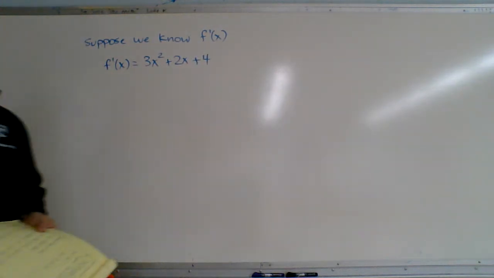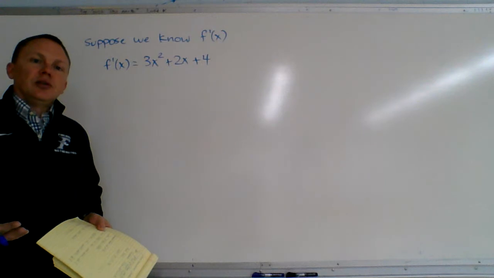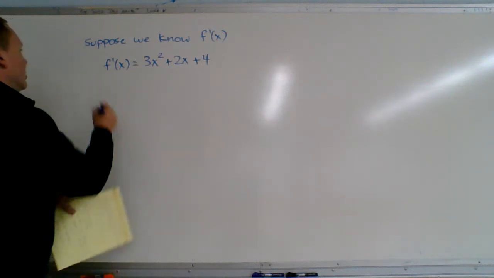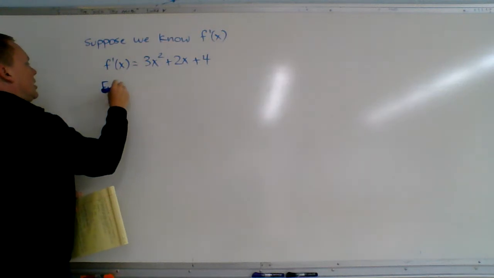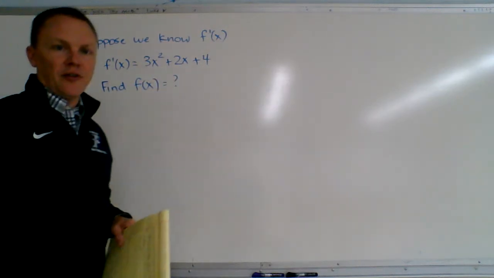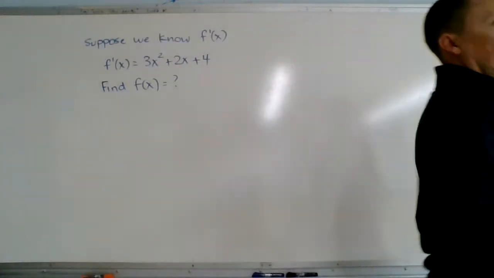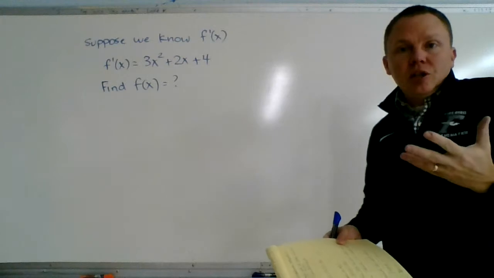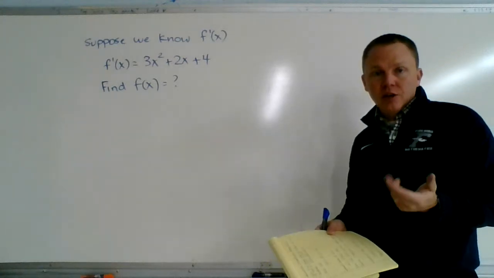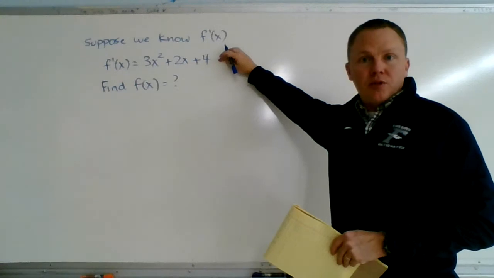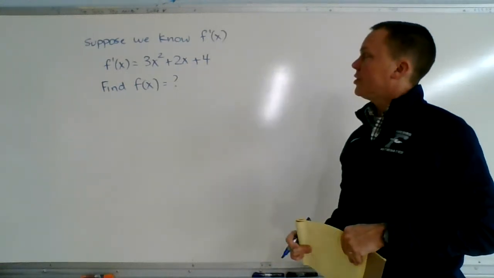Now I'm asking you, this is the derivative. What's the function? What would f of x be? I'm looking for a function here whose derivative is equal to 3x squared plus 2x plus 4.